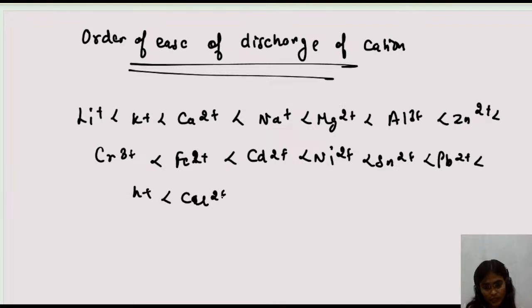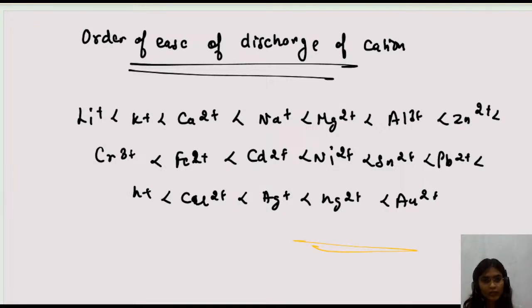This is the same thing I want to highlight to you: copper, Ag, and Hg. Maybe you already know these from the noble metals. Look at this, the last three are noble: Au, Ag, Hg, and copper.